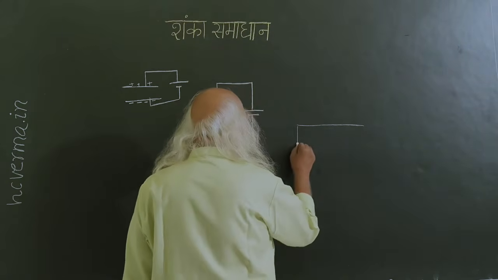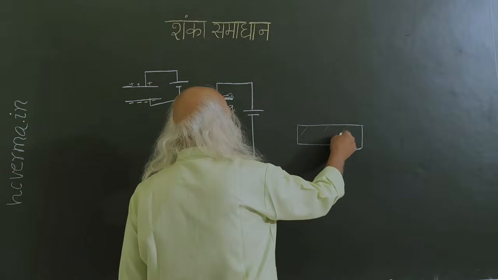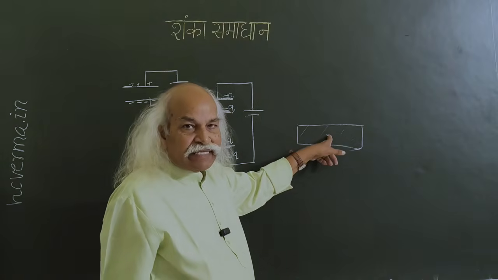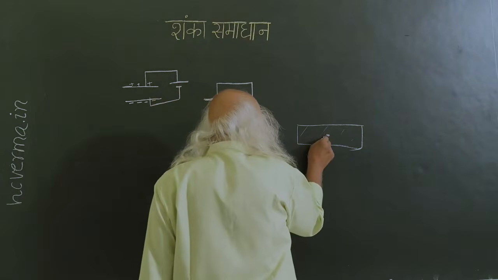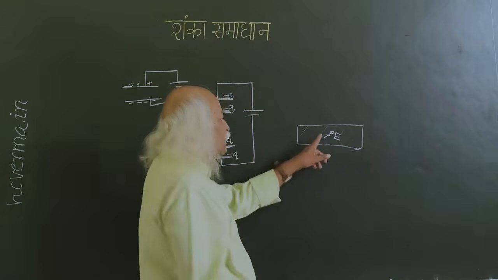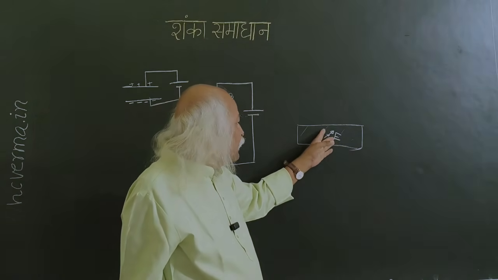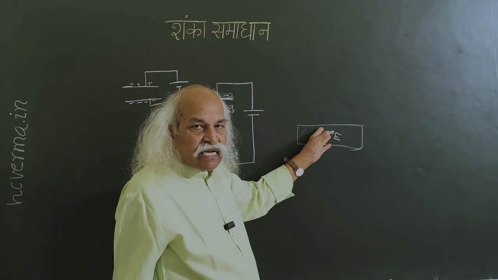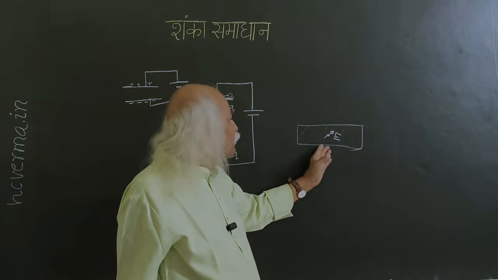If this is a metal of any shape, and you look at a point inside this conductor, suppose you have an electric field here. You have a lot of free electrons, and the electric field will exert force on those free electrons, and those free electrons will move opposite to the electric field and accumulate somewhere here.